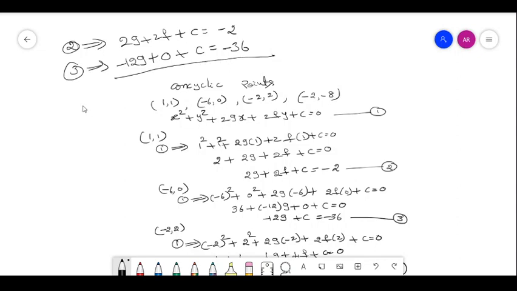Subtracting these two equations, minus becomes plus, plus becomes minus, minus becomes plus.